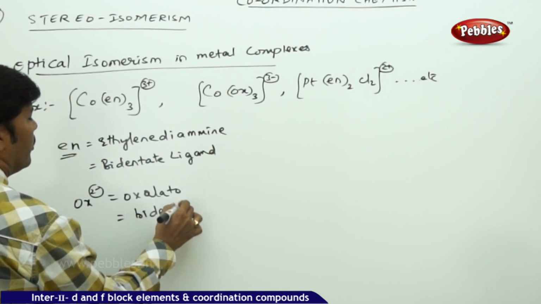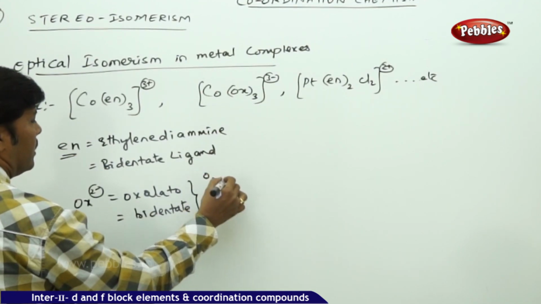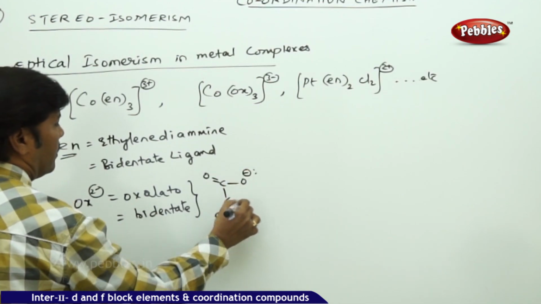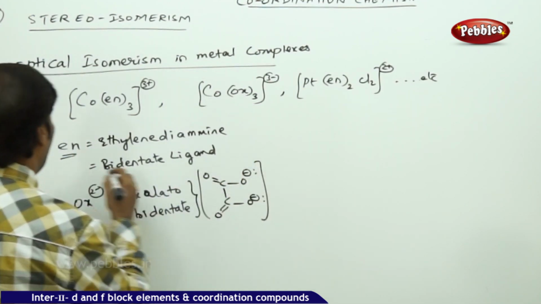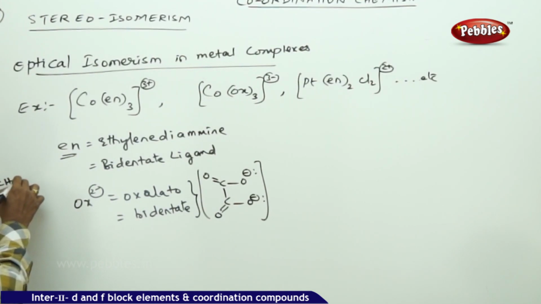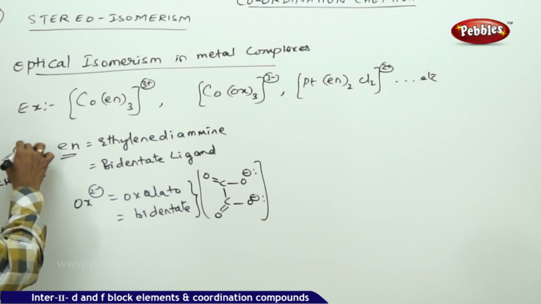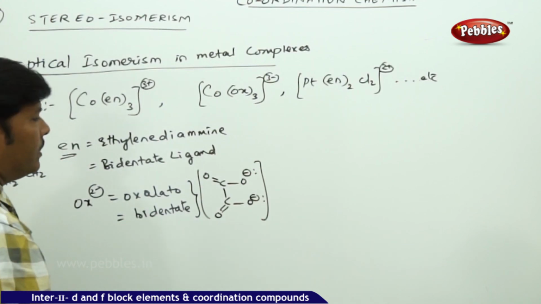If you want, I am going to give you the structures of oxalato also, this is the structure of oxalato with the 2 lone pairs of electrons. And ethylene diamine you can take as NH2-CH2-CH2-NH2 with a lone pair of electrons on each nitrogen. Yes, it's a bidentate ligand.